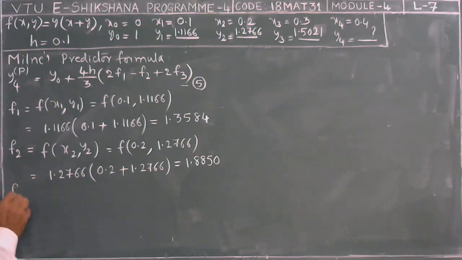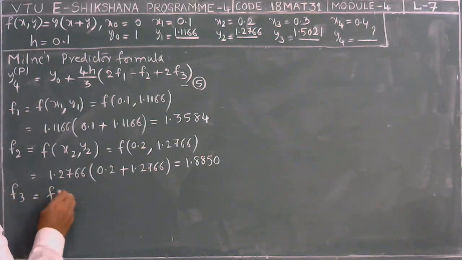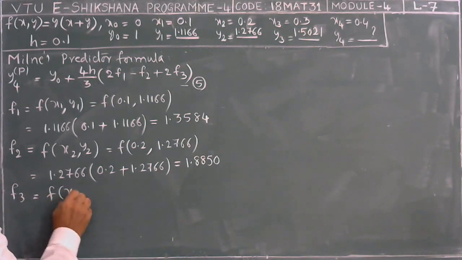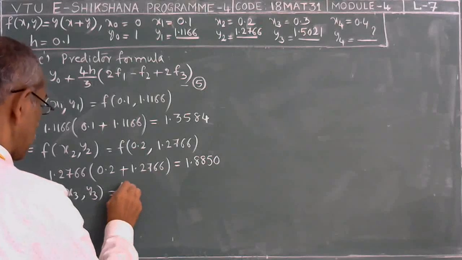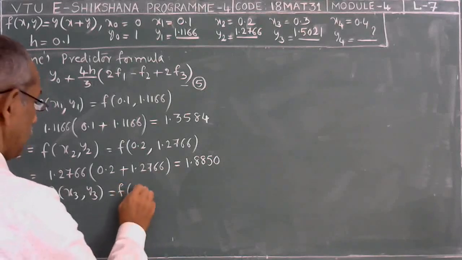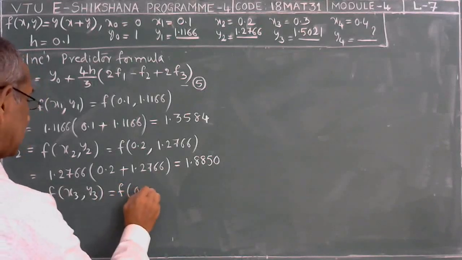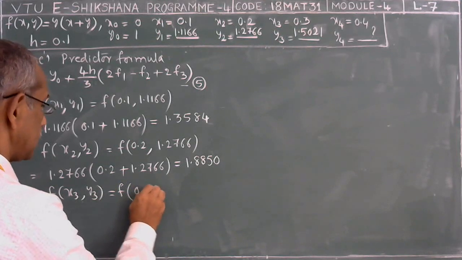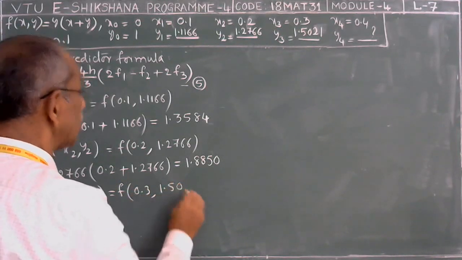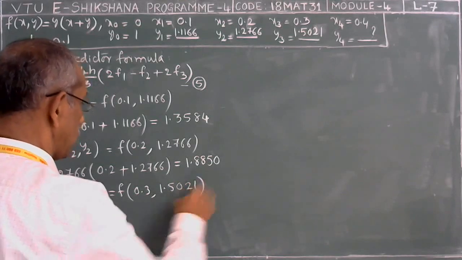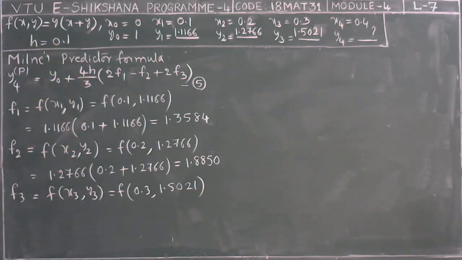So calculate f3 similarly. f3 is f of x3 comma y3. x3 is 0.3, y3 is 1.5021. Okay, apply the definition.